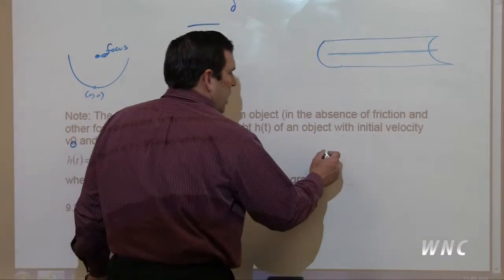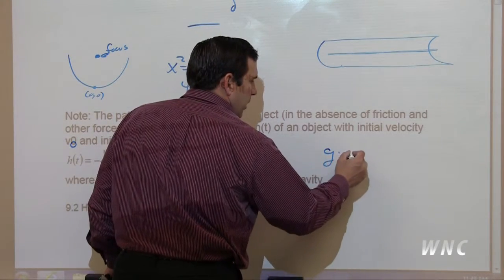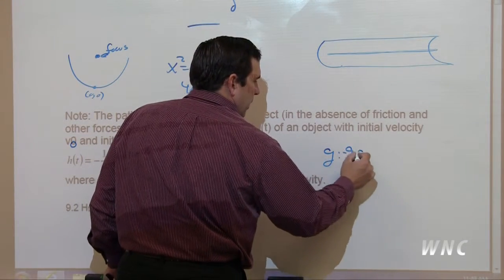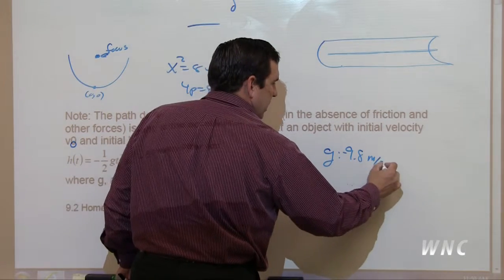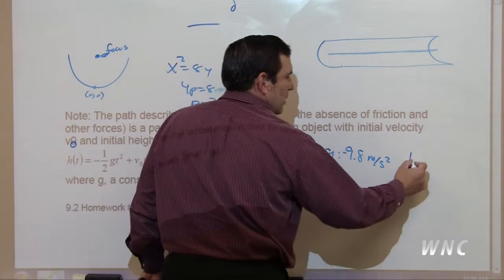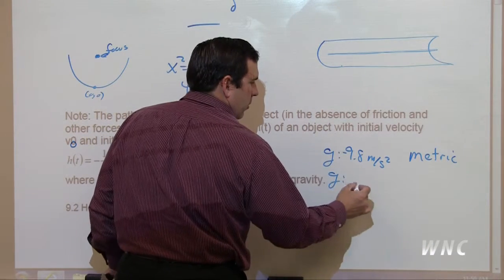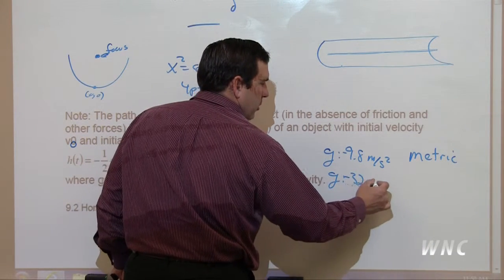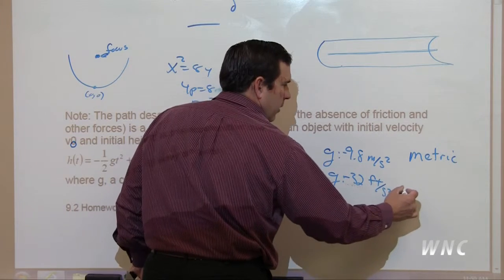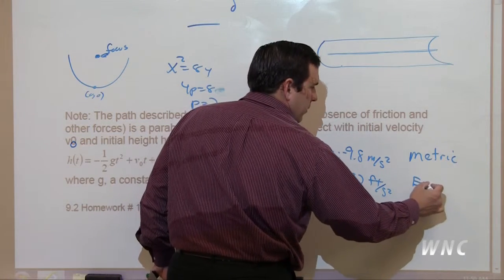For the metric system, g is usually negative 9.8 meters per second squared, and g will be negative 32 feet per second squared for the English system.